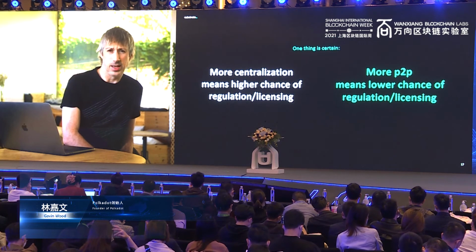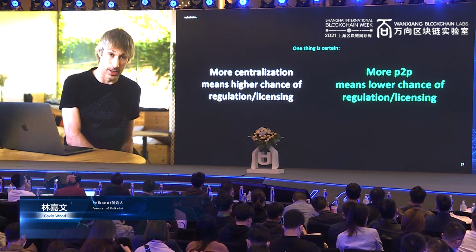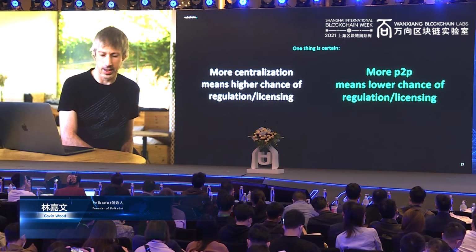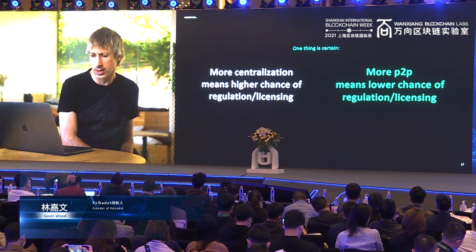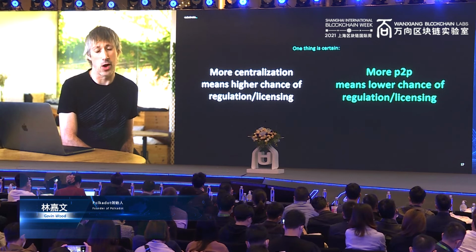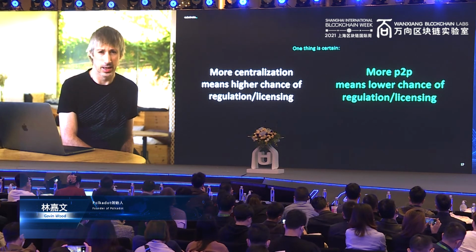So one thing I think is certain, and that's that more centralization is going to mean a higher chance that regulators will be taking a critical look at what it is that you or your organization is doing, potentially requiring international licenses in the same form as regulated banking activities.